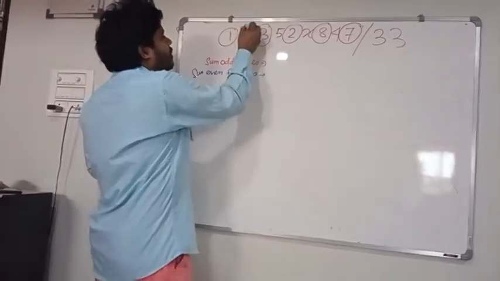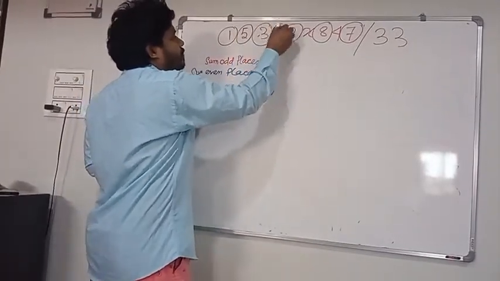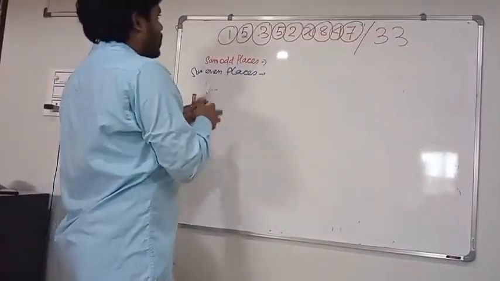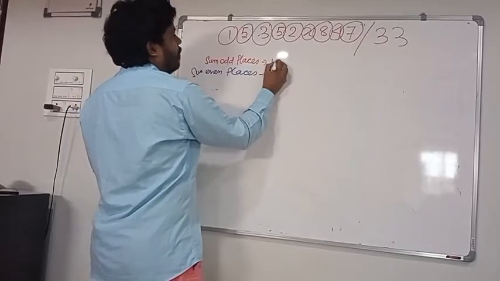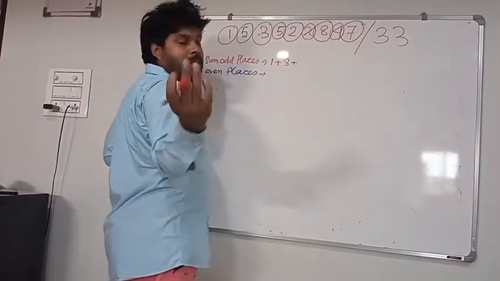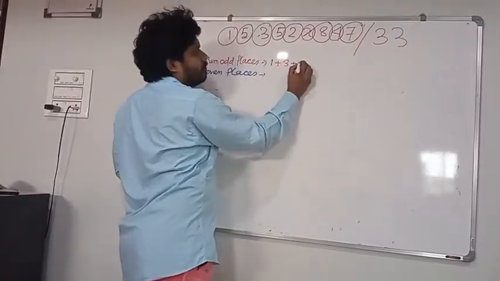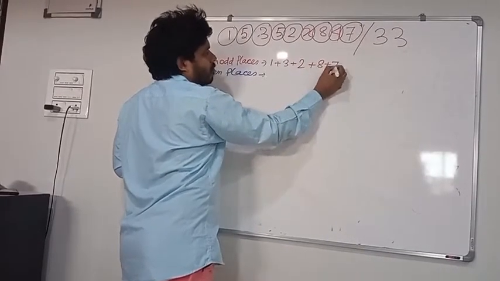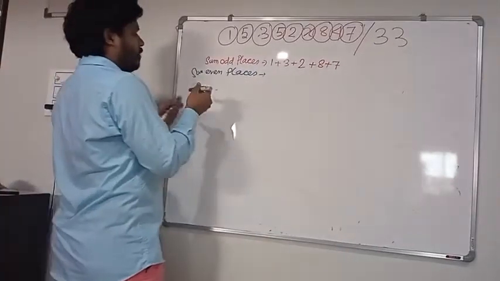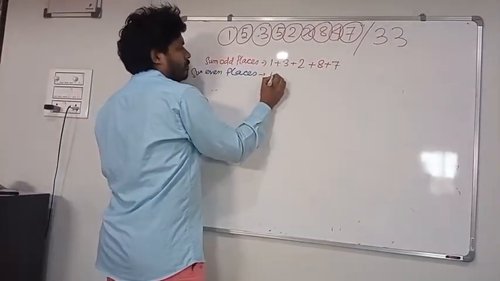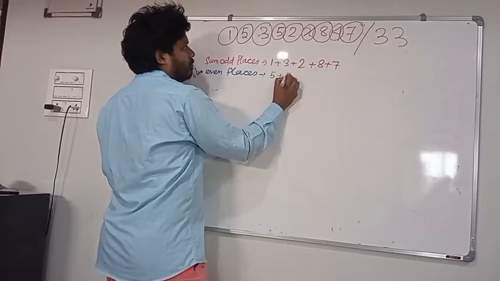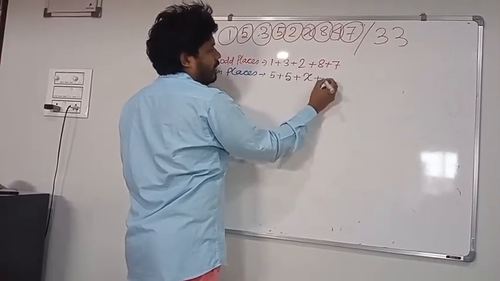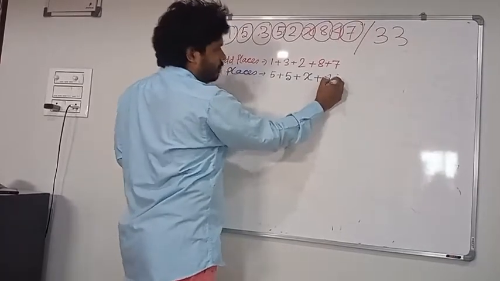Okay. Now these are the even places. So the sum of the odd places is 1 plus 3 plus 2 plus 8 plus 7. Then what is the sum of the even places? 5, again 5, and 4.